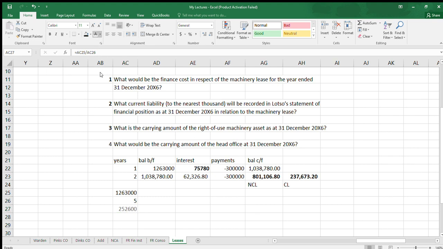So our carrying value is the lease liability minus the depreciation. So this is our figure. That's all.